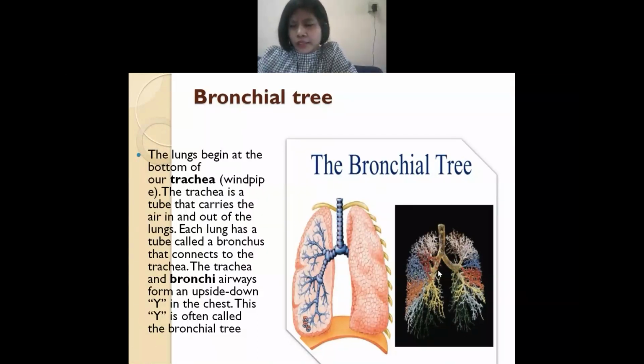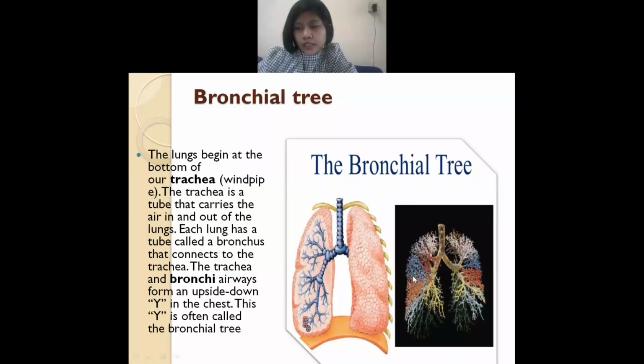Then after that, you will find that the lungs are situated here. They start from this portion at the bottom. On each side you will find the lungs, all right? And each lung has a bronchus.